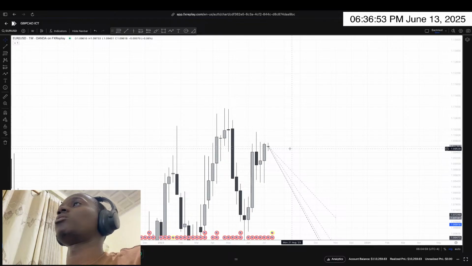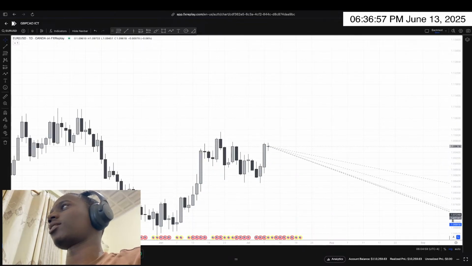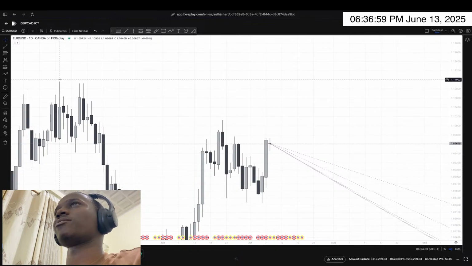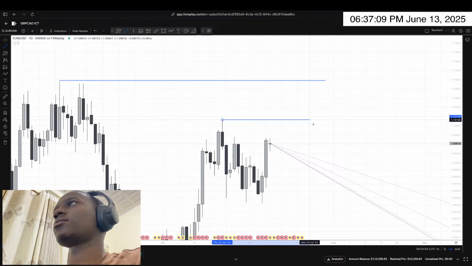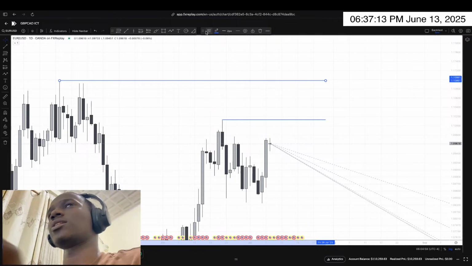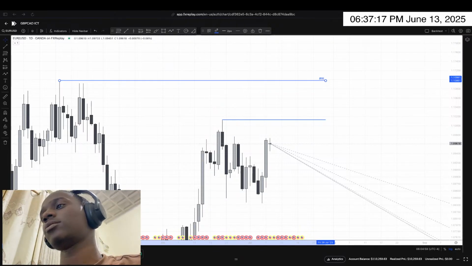And then when I go on the lower time frame, such as the daily, I can see that we have some other levels as well. First of all, we have buy side liquidity resting above this high and this high, easy buy side like this. So I can call this external buy side liquidity.